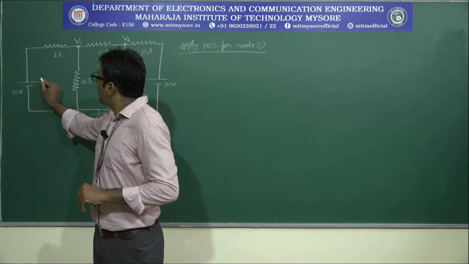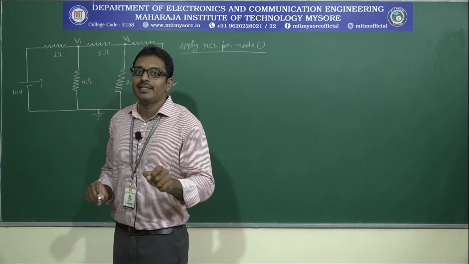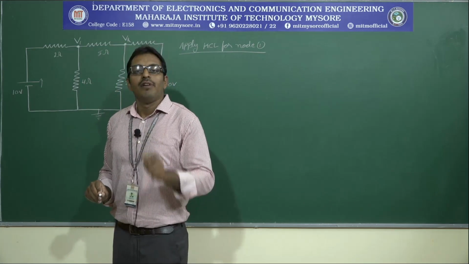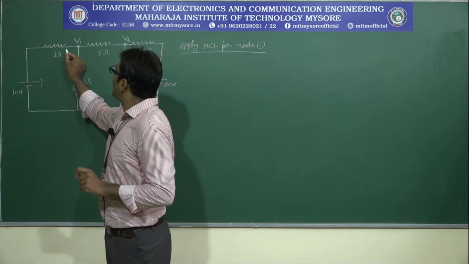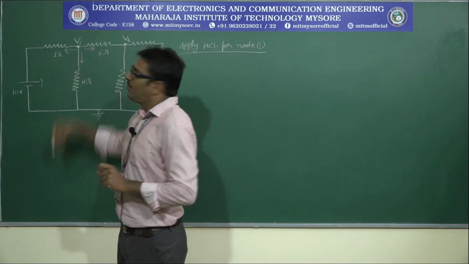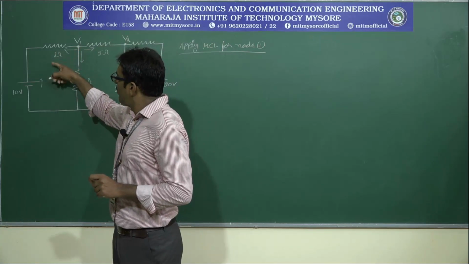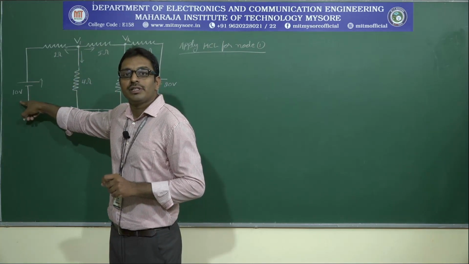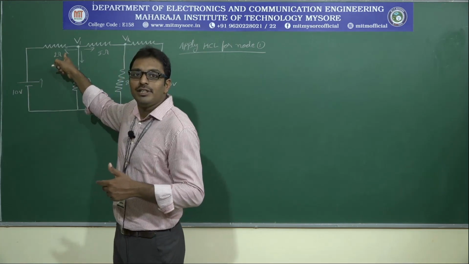That's why the current direction is upwards. But when we are applying KCL for any node, we consider that node as higher potential. That's why all the branch currents are leaving from that node. Is that clear? That's why current is flowing from V1, but this 10 volt voltage source supplies current in the upward direction, opposite to our assumed direction.